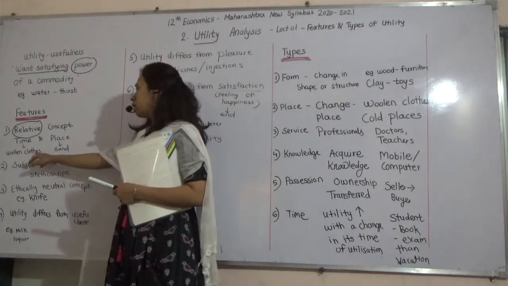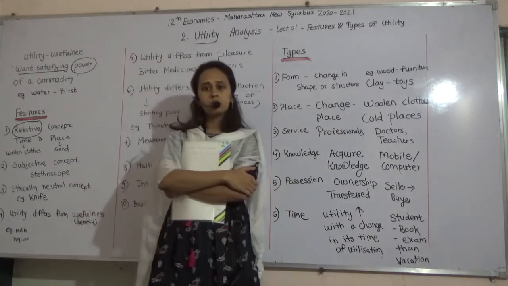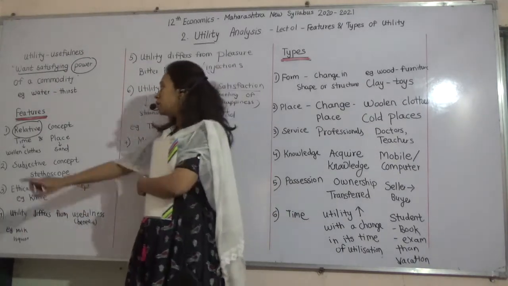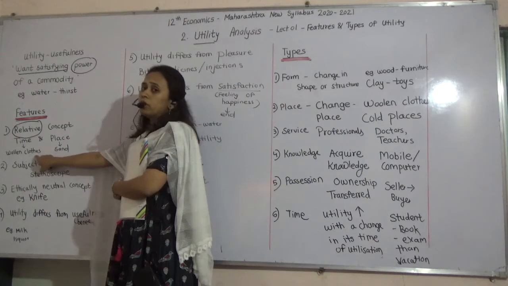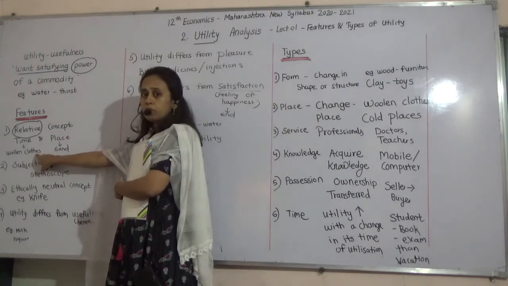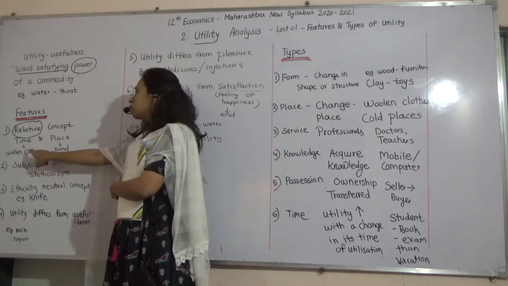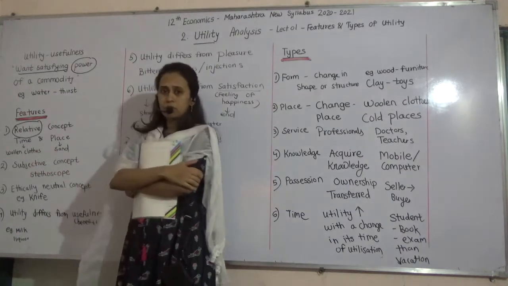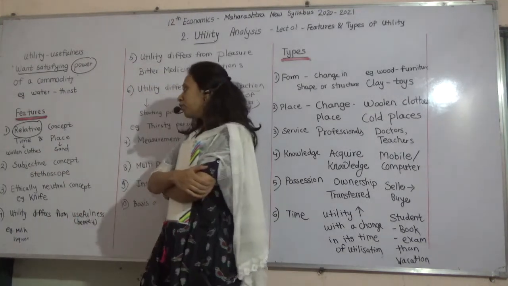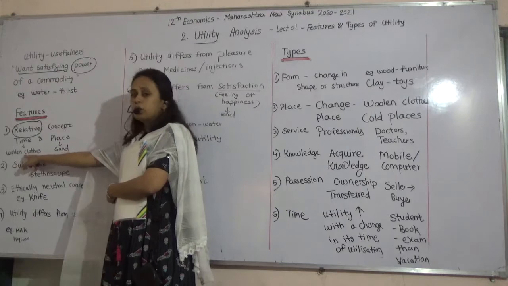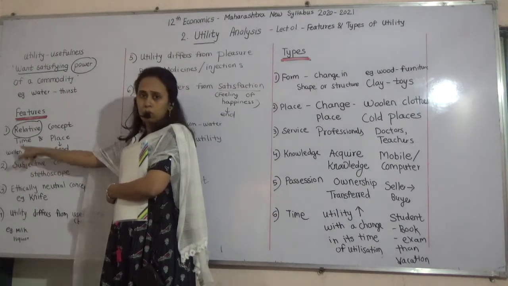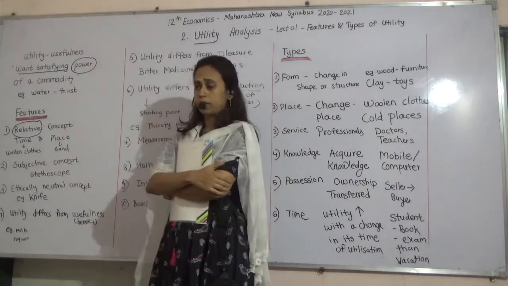Because see, woolen clothes are there. What is the utility of woolen clothes? When we use it during winter season. And if the summer season is going on and we start wearing woolen clothes, it's of no use because it's too hot outside.